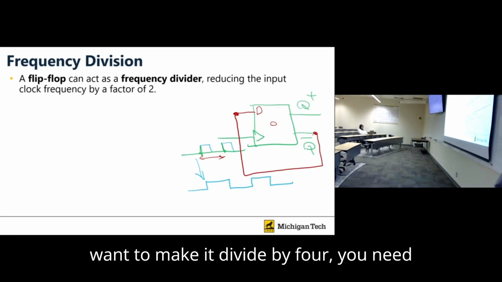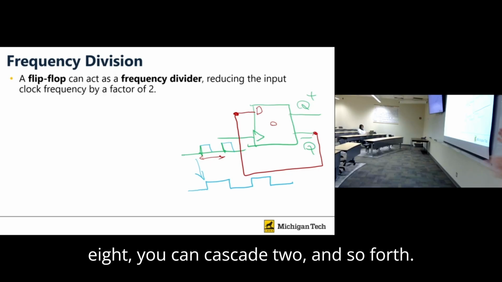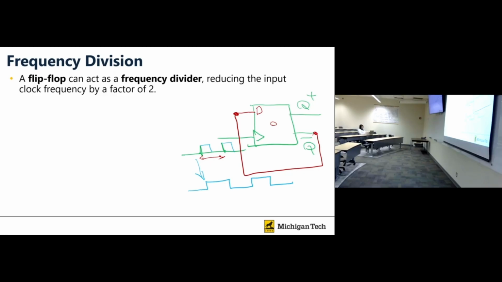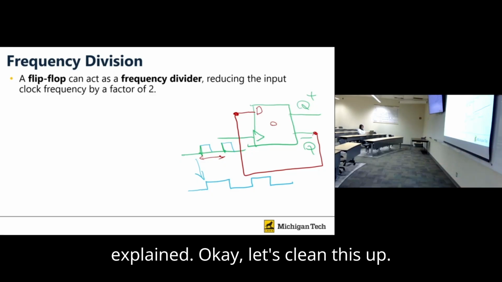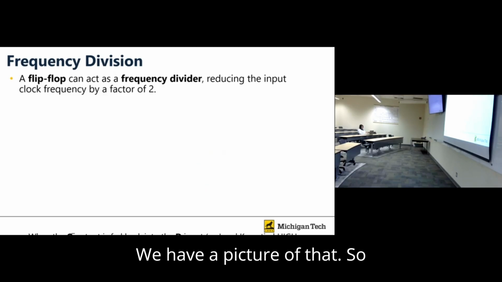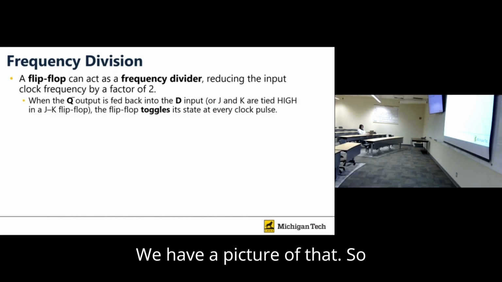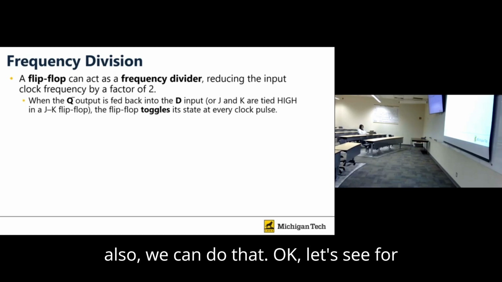If you want to divide by 4, you need to cascade 2. If you want to divide by 8, you need to cascade 3, and so forth. And if you do cascading, you can also make a counter, as we explained. Okay, let's clean this up so we have a better picture. When the Q bar output is fed back into D, it toggles. For JK we can do that too.